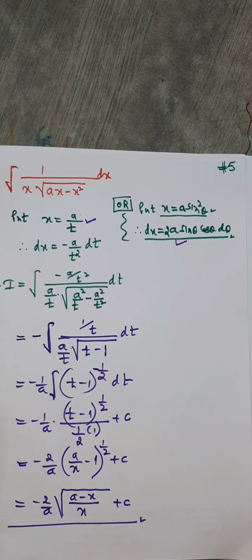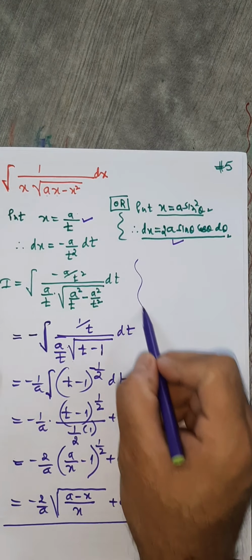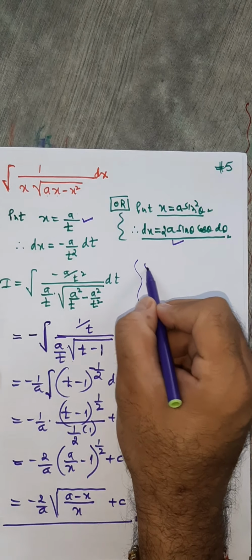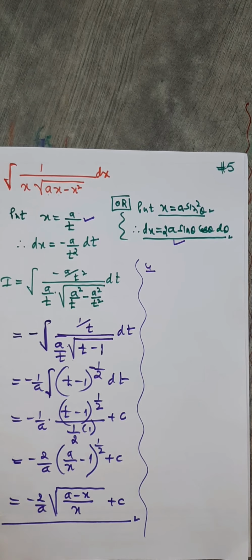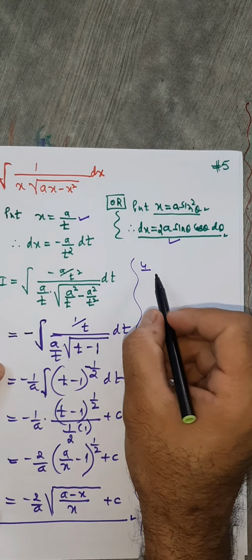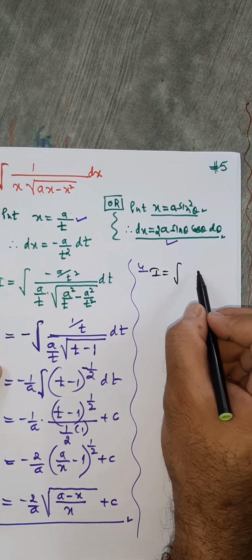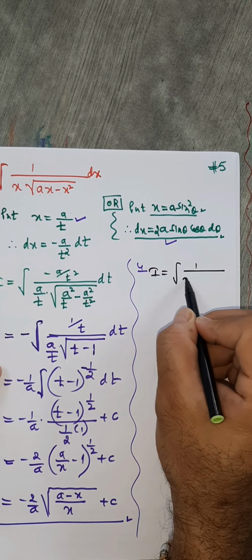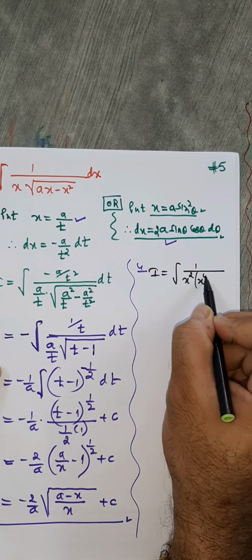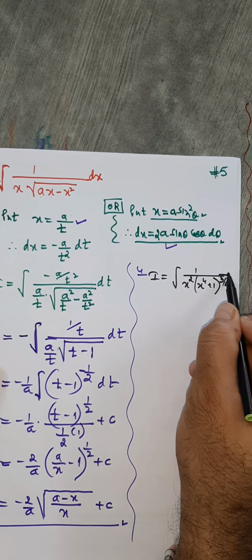Okay. Now let's do the next question, question number 4, the fourth one. We had such a question earlier. If you just recall, here I is equal to the integral of 1 upon x square into (x raised to 4 plus 1) raised to 3 by 4 dx.